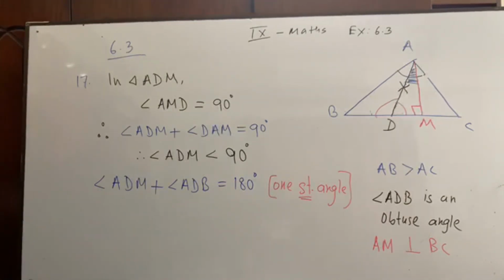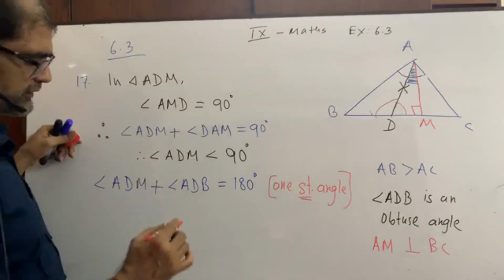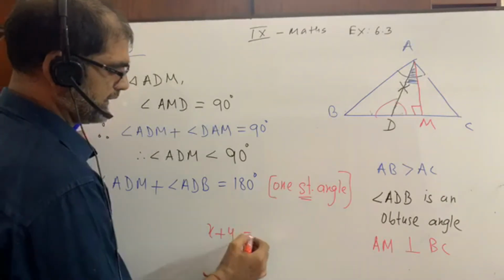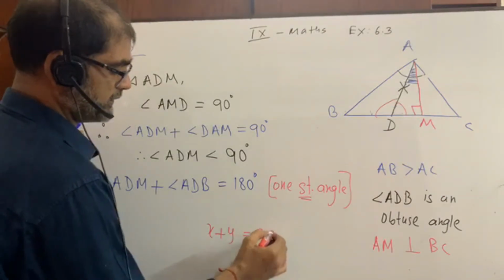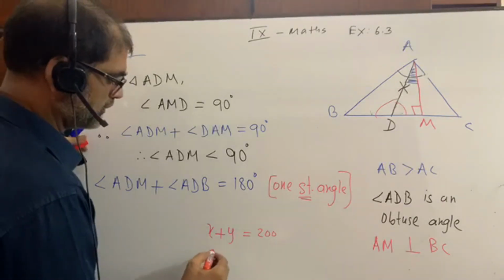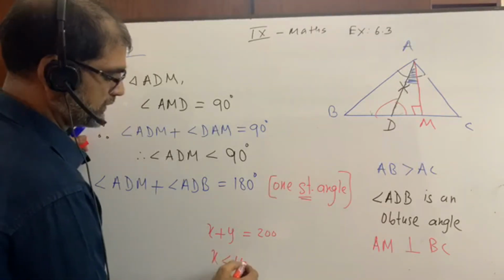Okay. You again try to understand. Suppose X plus Y equals 200. But it is told that X is less than 100.